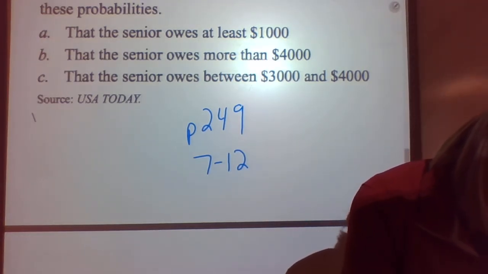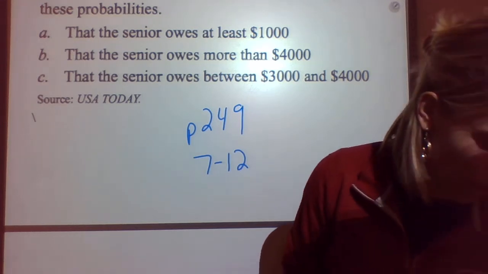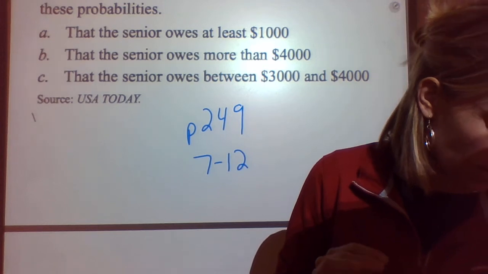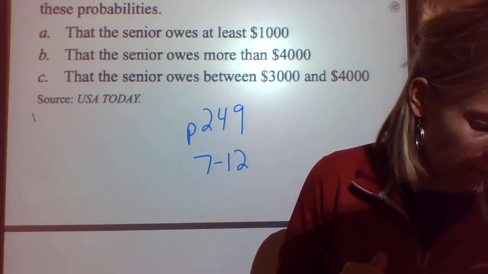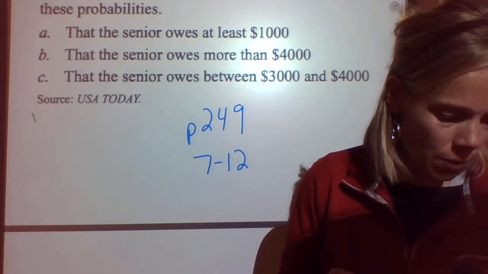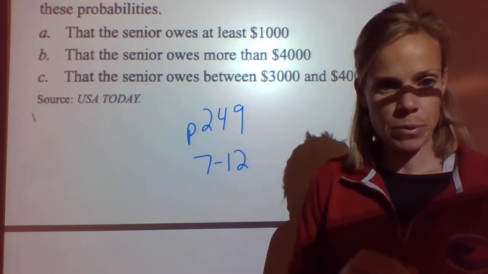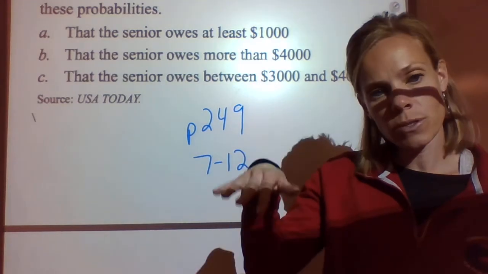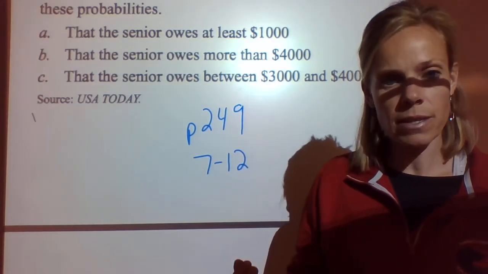And then remember anything unusual, right? Because you have parts A, B, C, and D for each one. Remember, anything unusual is less than 5%. So after you do A, B, and C, if you see any of those is less than 5%, you would state that's unusual.